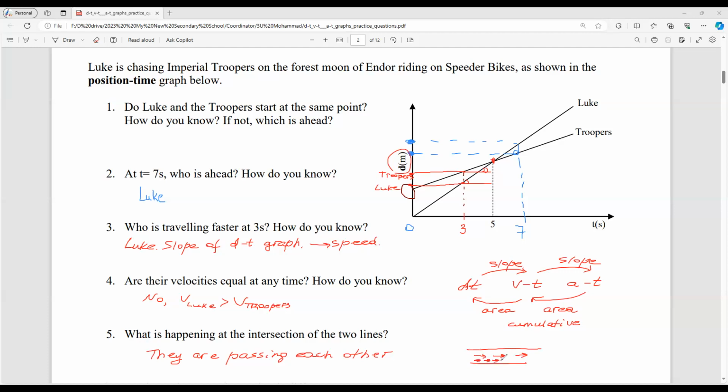Every second it's a shorter distance, like a diagram to represent it. Okay, let's write here the first one. Troopers start ahead.